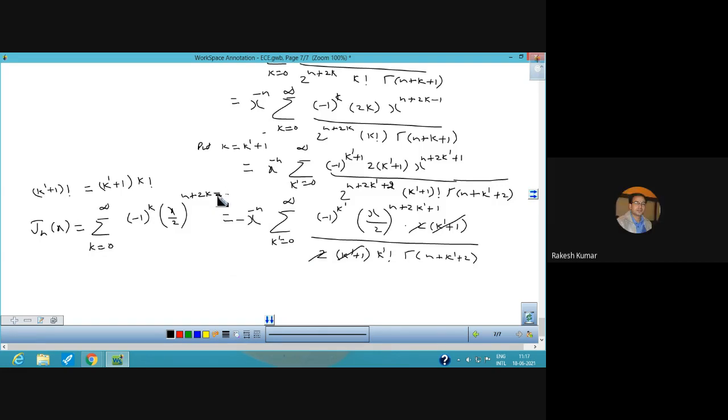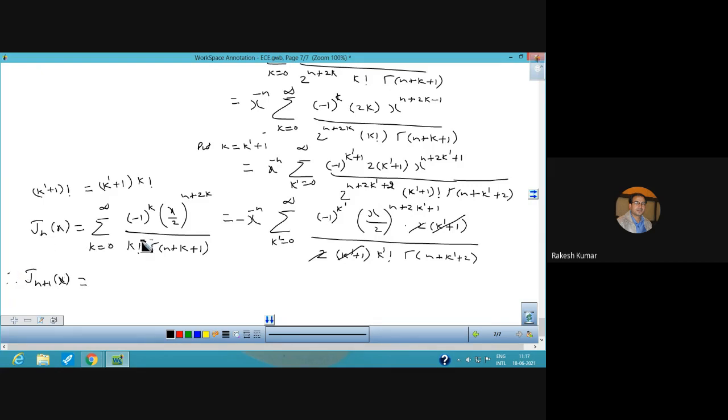This is the value of Jnx, and divide by k factorial gamma n plus k plus 1. Now this is your Jnx, but now we require Jn plus 1x according to the recursive formula. So how will Jn plus 1x be written from Jnx?